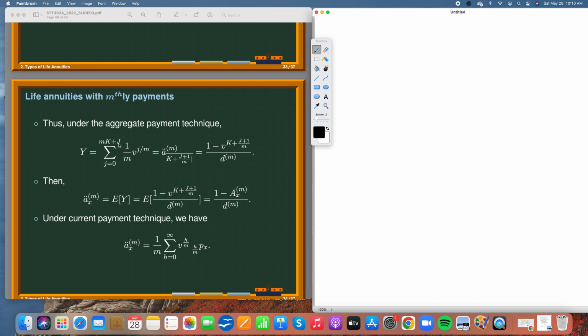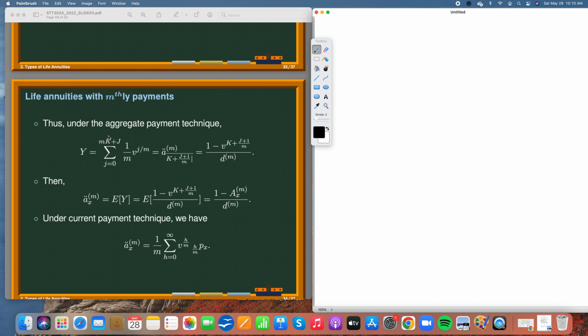There would be a payment of 1 over m paid at the beginning of each m-th of the year. So the discount factor would be v raised to j over m, where j goes from 0, since the first payment is made at time 0, up to the last payment made after mK plus J periods.